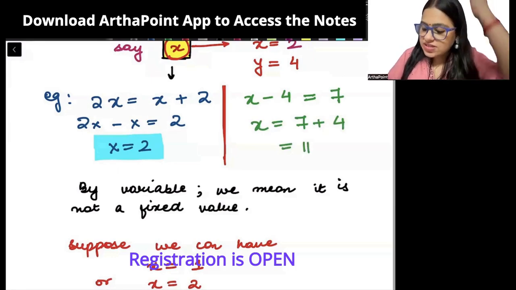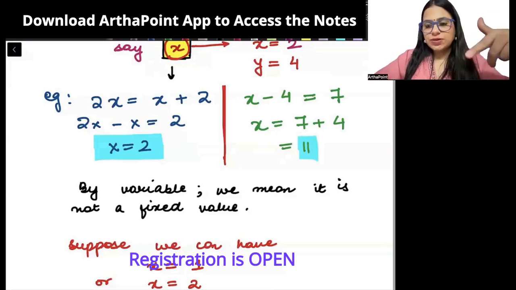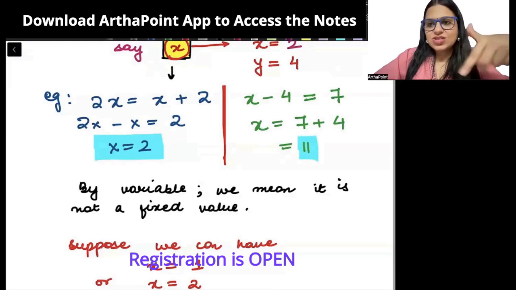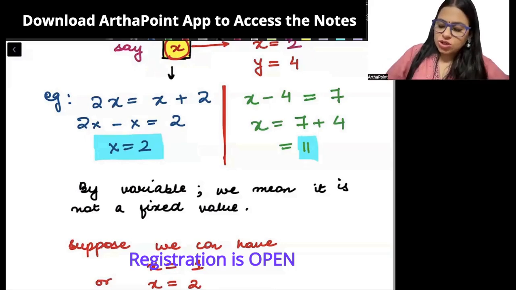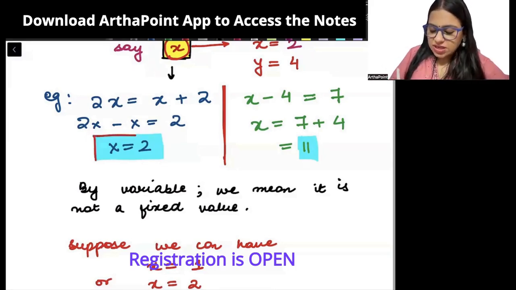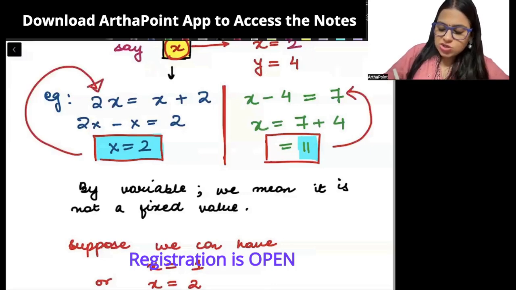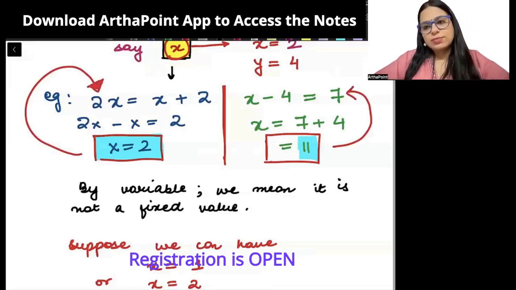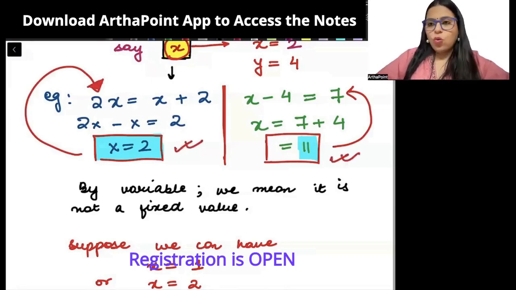So try to understand that the value of x keeps changing. X का value change होता जा रहा है. The value of x is changing. And therefore, क्योंकि उसका value change हो रहा है, we will say that x is a variable. It depends on which equation you are solving. कौन सा equation आप solve कर रहे हो, x का value accordingly ही होगा.